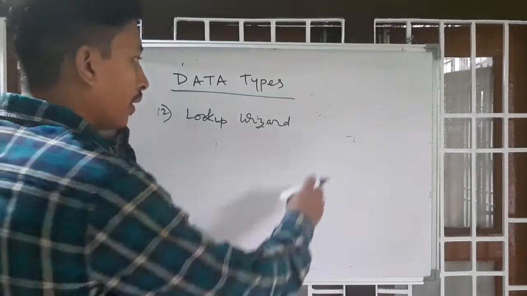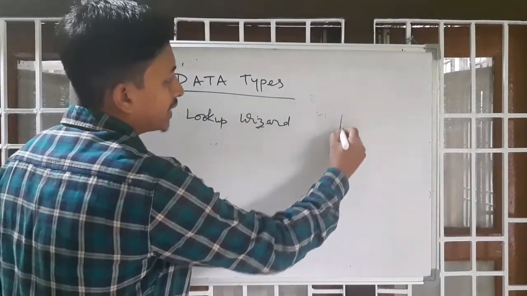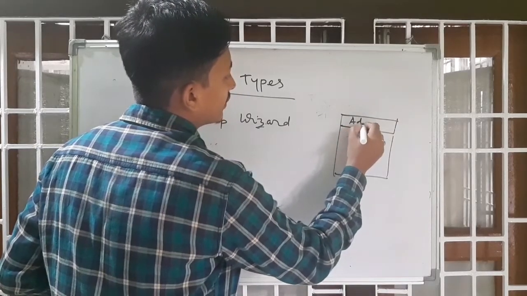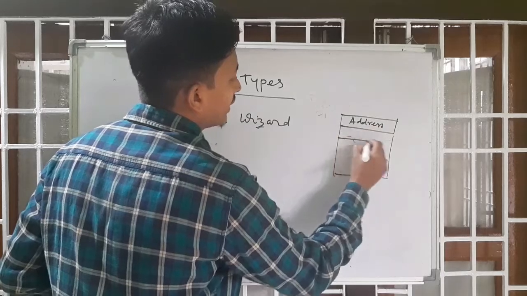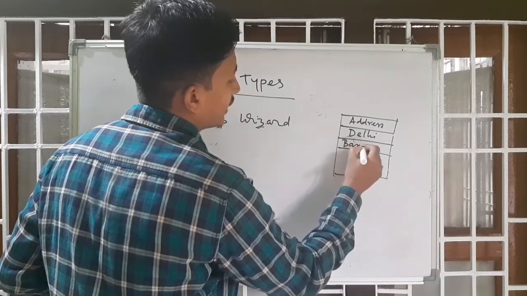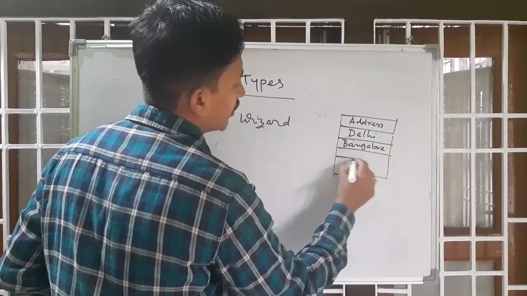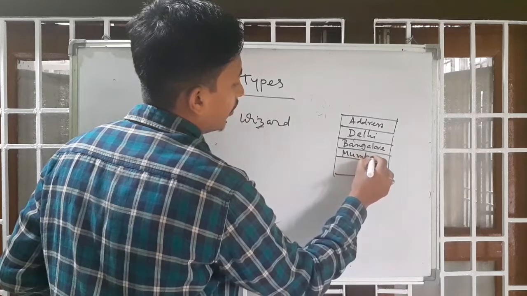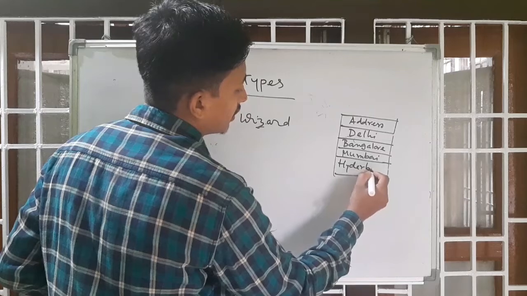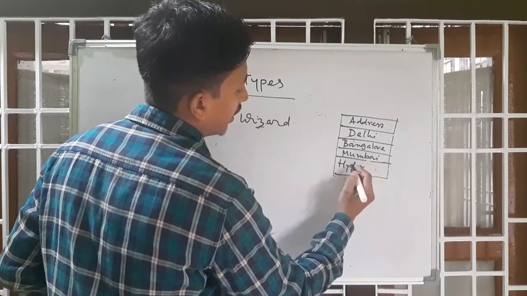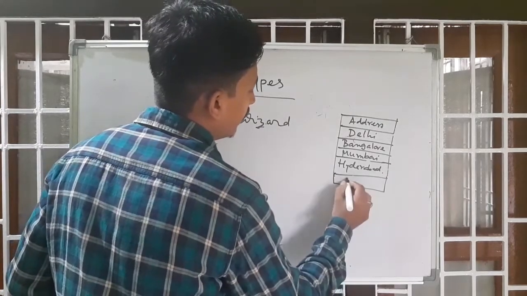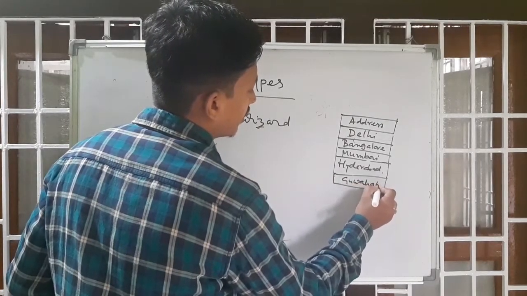You can create a table, say like address. In the address table, you already create this type of address, say like Delhi, Bangalore, Mumbai, Hyderabad, Guwahati.